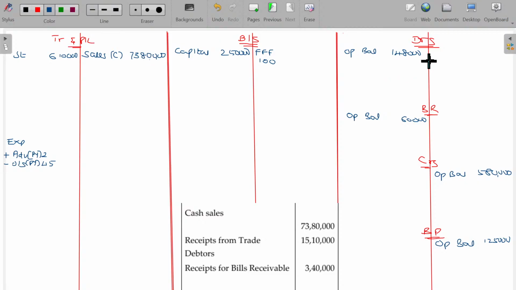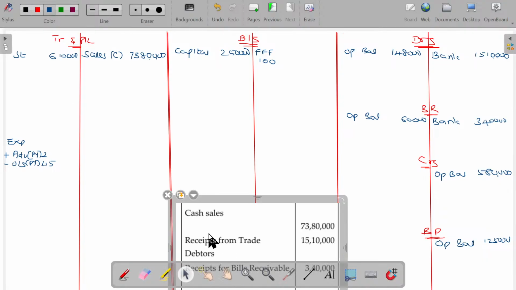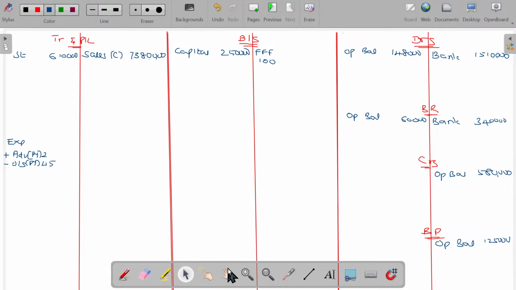Receipts from trade debtors. So in debtors, bank or cash, how much is received? 15 lakhs 10,000. Receipts for bills receivable. We have received from the BR also, bank. So we have posted all the receipts wherever it can be posted.